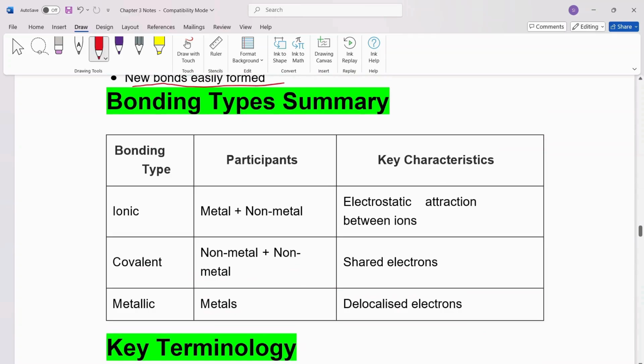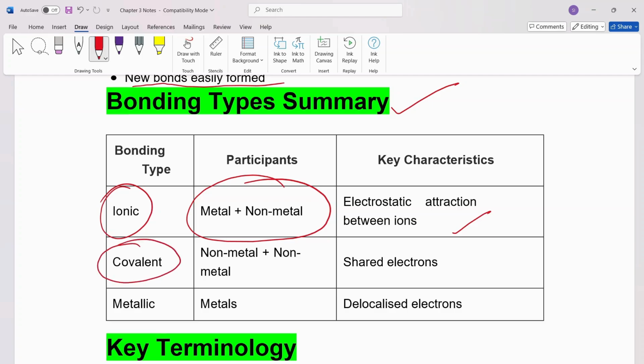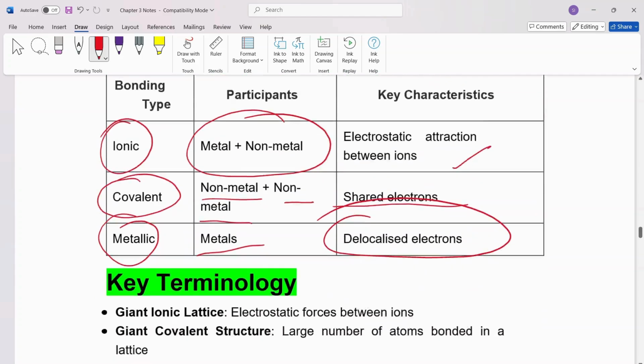Now, bonding type summary. In ionic bonding, the participants are metals as well as non-metals. The key characteristic here is electrostatic attraction between ions. Second is covalent: non-metal and non-metal, with shared electrons. Metallic: here we have metals and then delocalized electrons.